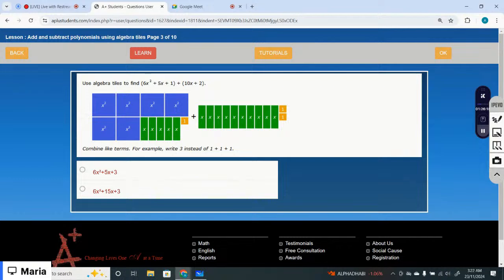That is 6x square plus 6x plus 3. Option number 2 is the correct option.